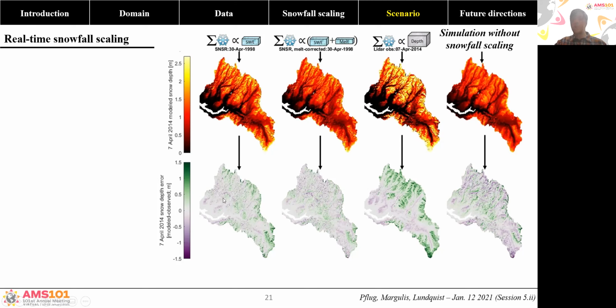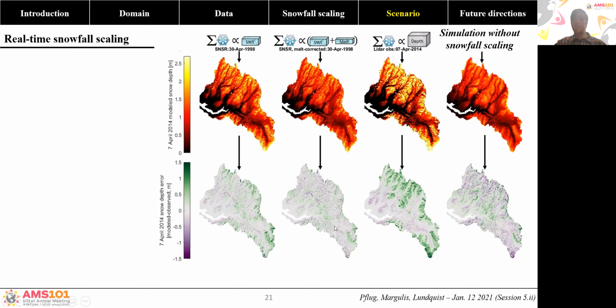Instead, if we adjust the 2014 snowfall pattern using a pattern from 1998, we see dramatic improvements in the performance, specifically at these upper elevations. And we can improve it even further by adjusting on a grid cell by grid cell level the amount of snow melt that happened prior to 30th of April 1998, especially at these lower lying elevations and these south facing slopes that received more melt energy.